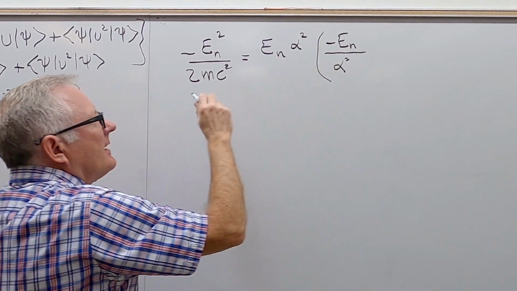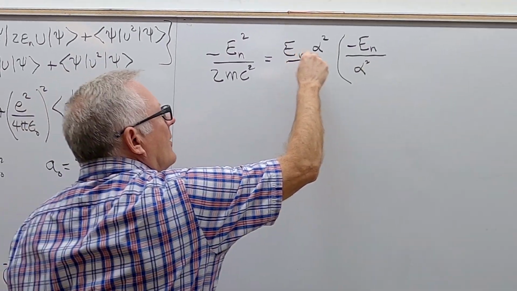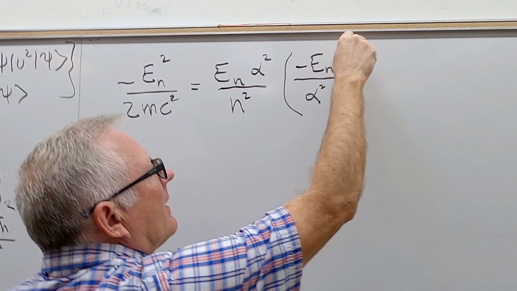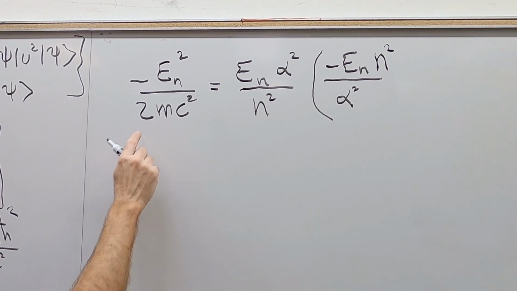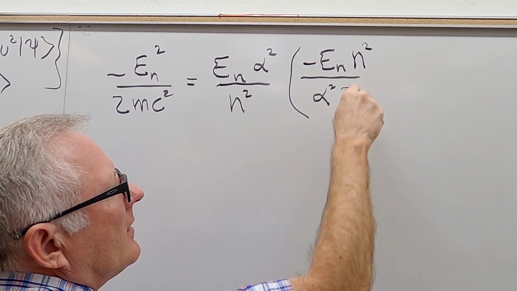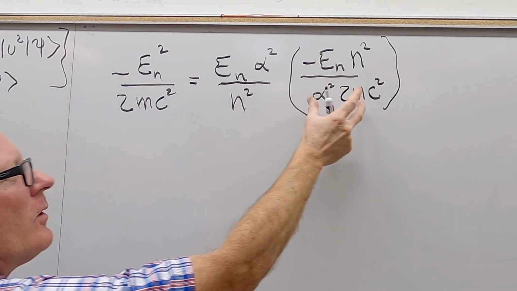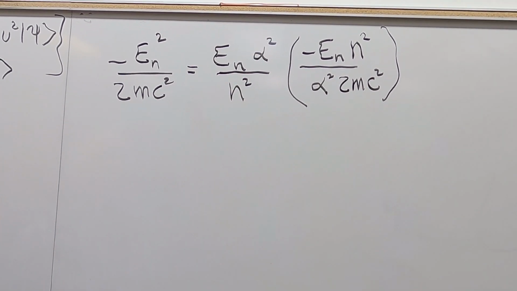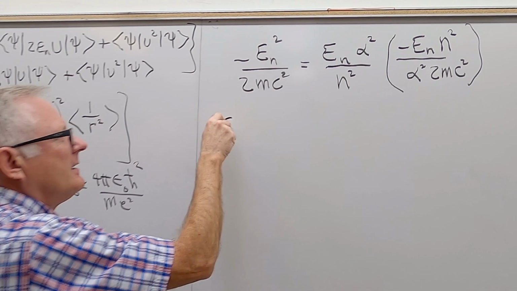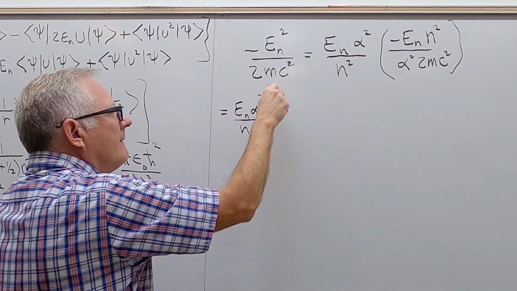There's a minus there. I want an n squared down below, so I'll put an n squared up above. And then I still have the 2mc squared. So I just want to calculate this because I already factored out that part right there. Okay, so this thing is E sub n alpha squared all over n.